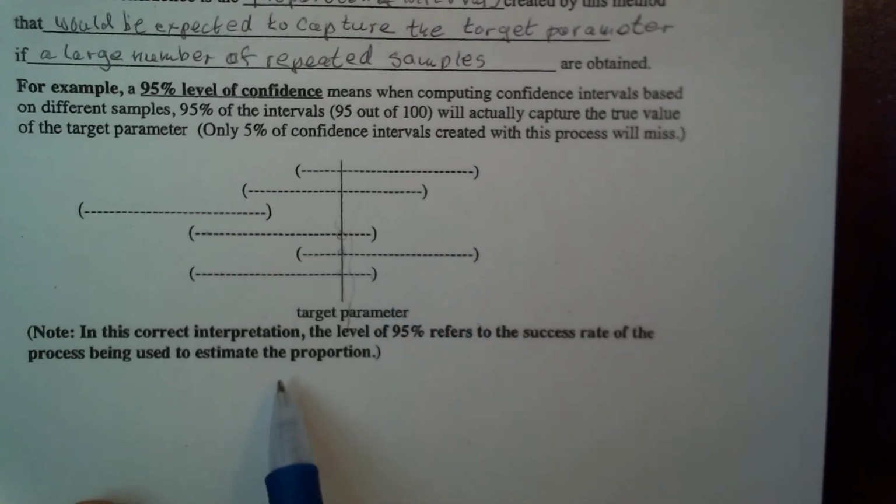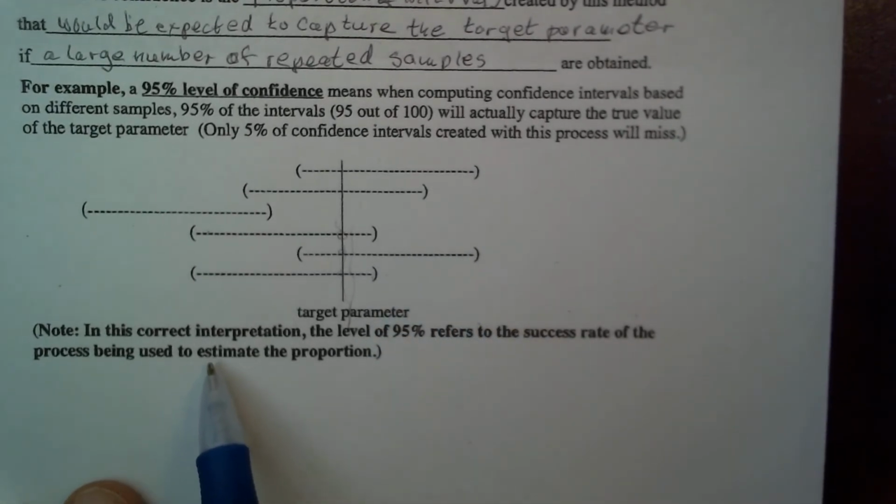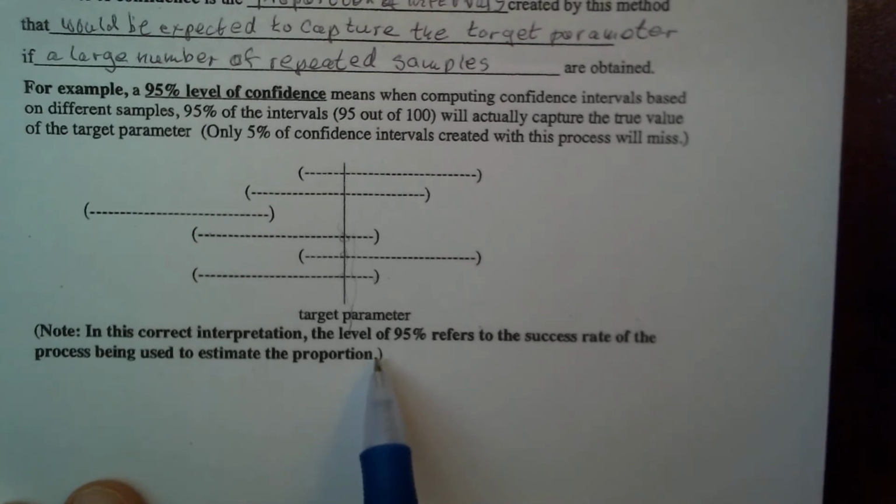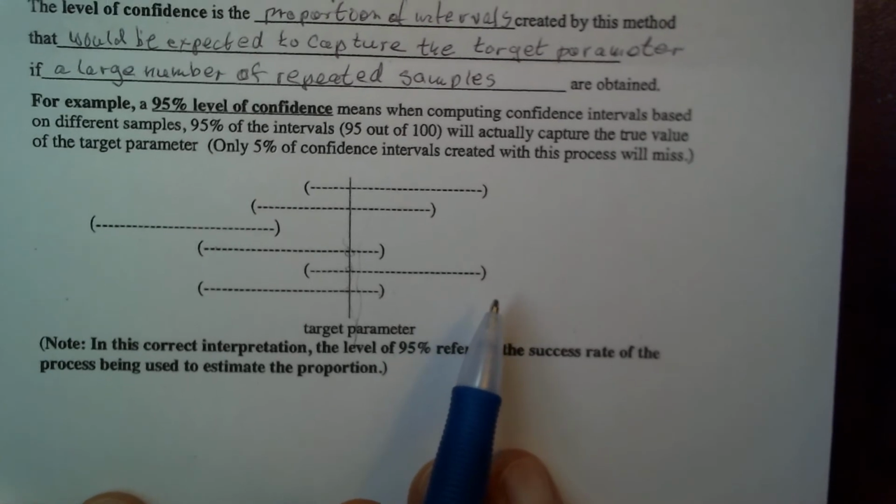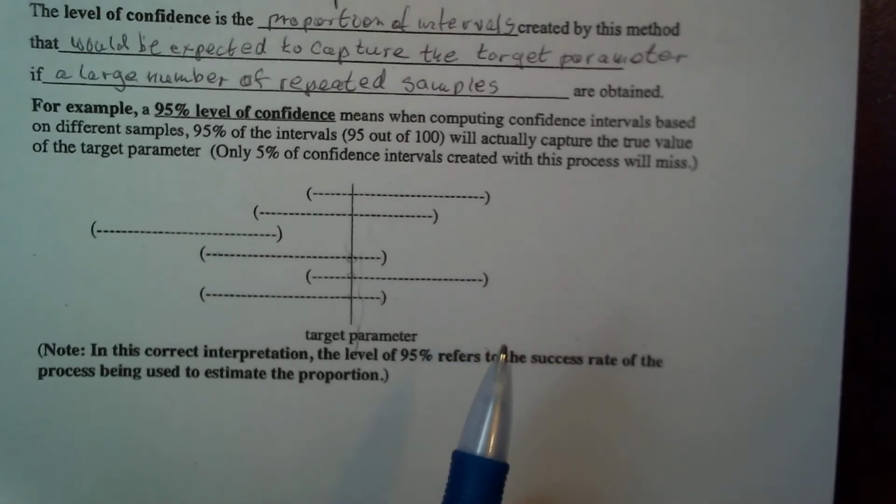So in this correct interpretation, the level of 95% refers to the success rate of the process being used to estimate the proportion. And you may go over these definitions a few times before it really becomes part of your thinking.